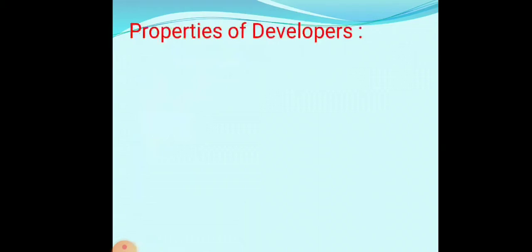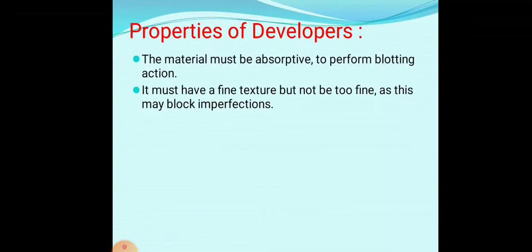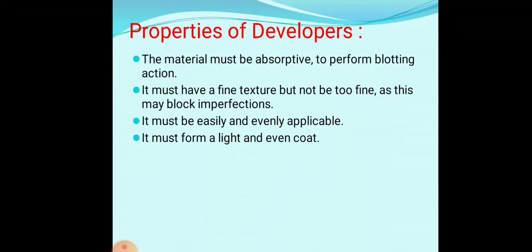Now going to the properties of developers. While selecting the developer, we consider some properties. The first is that the material must be absorbent to perform the blotting action. It must have a fine structure, but not too fine. It must be easily and evenly applicable. It must form a light and even coating.